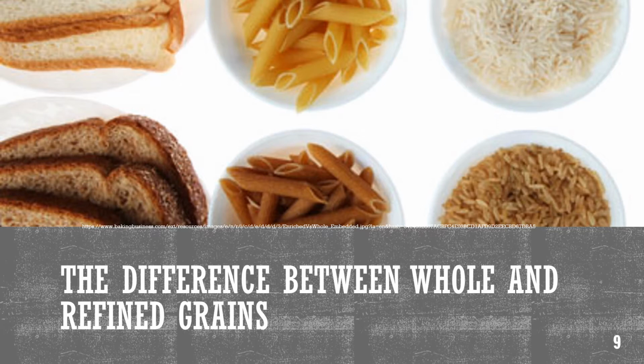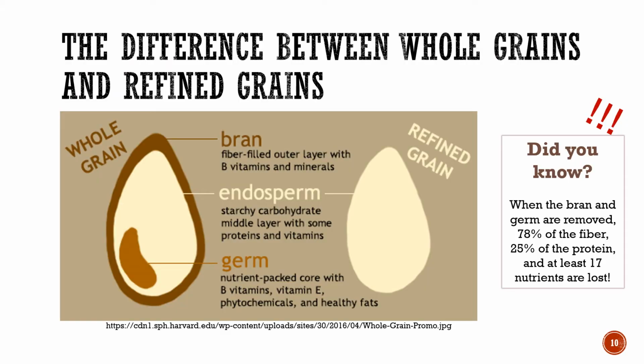What is the difference between whole and refined grains? As you can see here in this image, we have on the left a picture of a whole grain. The outer portion of the grain is the bran layer, and it's a fiber-filled layer, and it contains B vitamins and minerals.